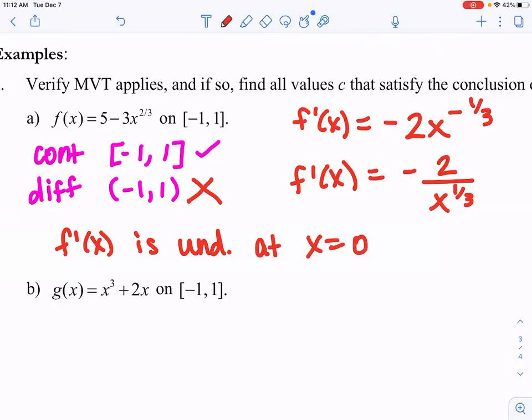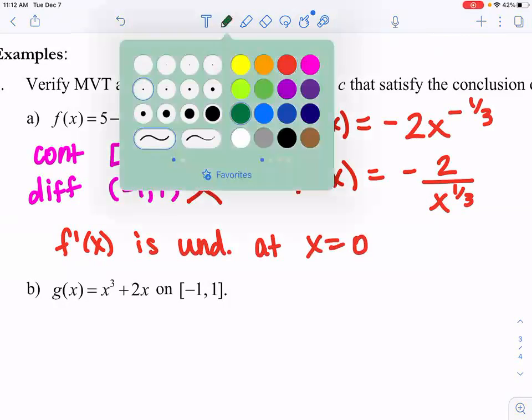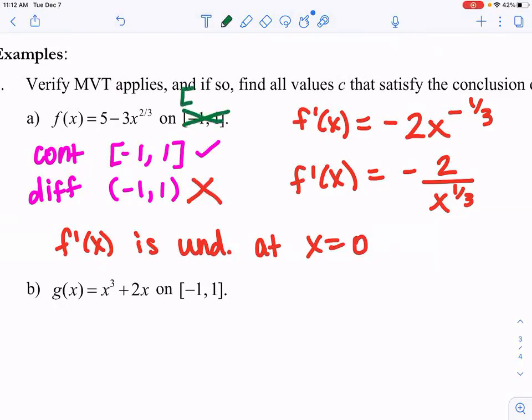Now, question for you. What if I change this to the interval 0 to 1? The bracket includes 0, but we would need to be differentiable on the open interval. So since our differentiable would be 0 here with a parentheses, we'd be okay on this interval.